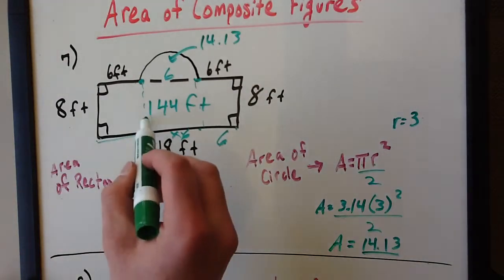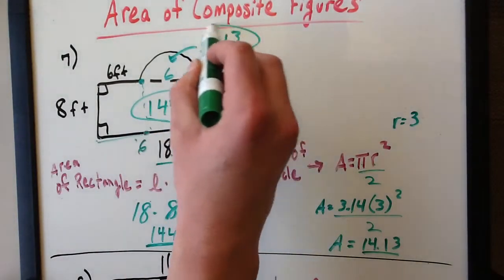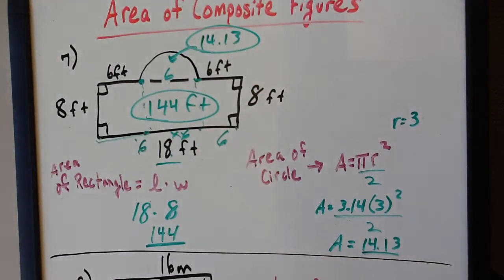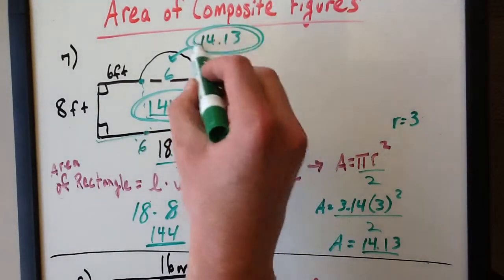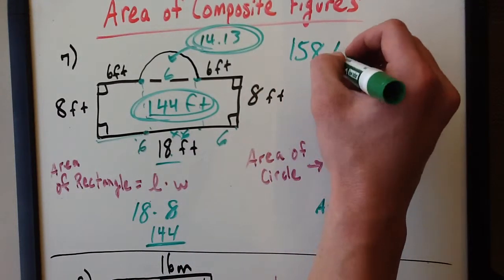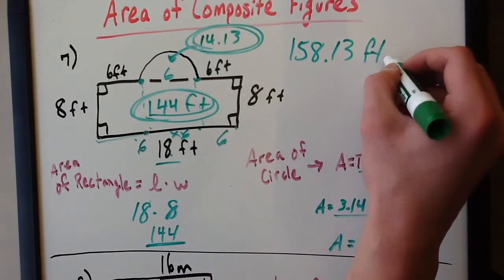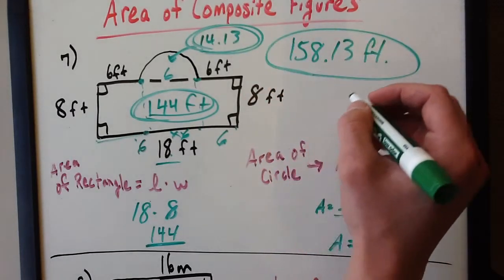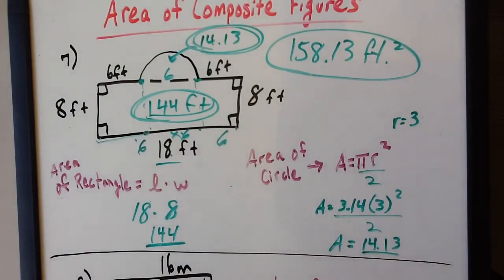Okay, so I know the area of the rectangle. I need to add that to the area of the half circle, and that would give me the area of this composite figure. So 144 plus 14.13 should give me 158.13, and this is in feet squared, since we're finding the area.